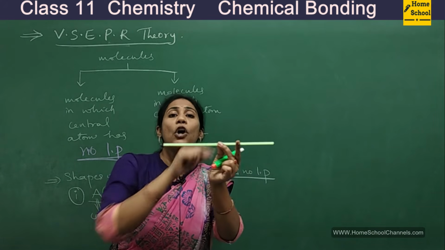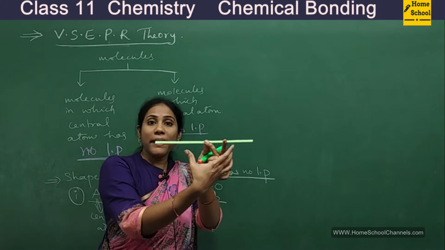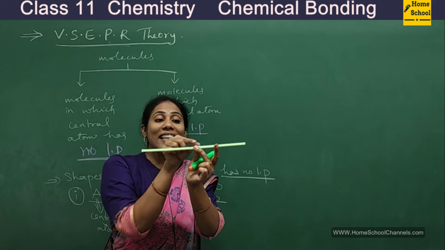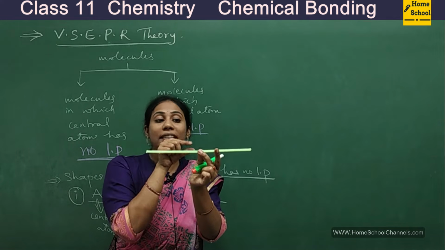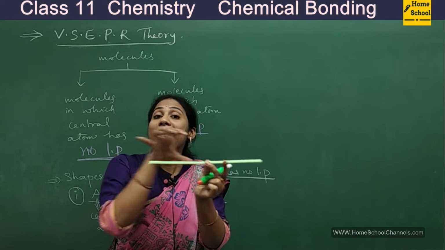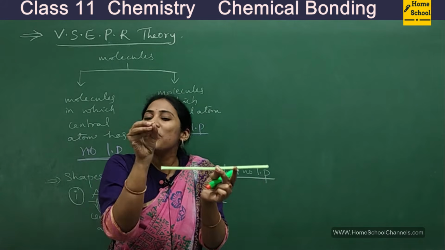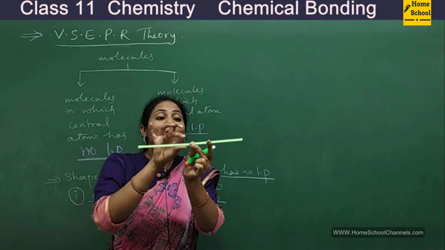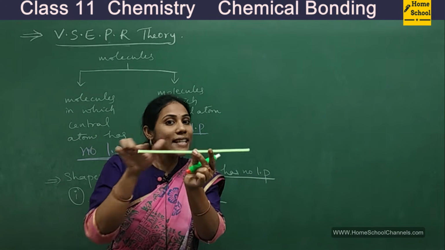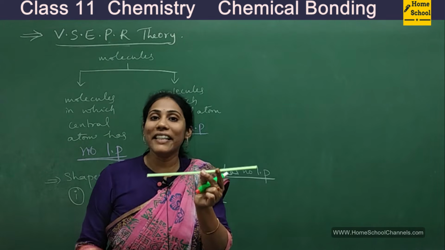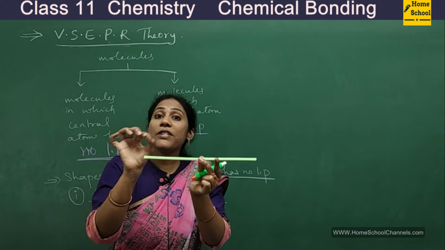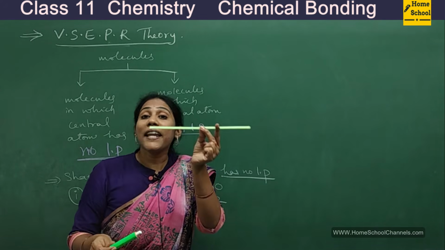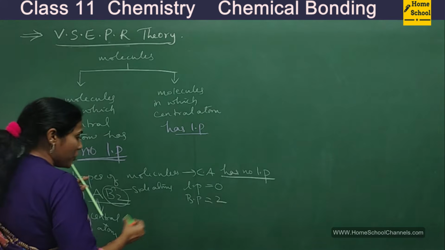This is the only possible arrangement for 2 bonds around the central atom. If they stay opposite to each other, then the distance between them is maximum and repulsion is minimum. This is called linear shape.